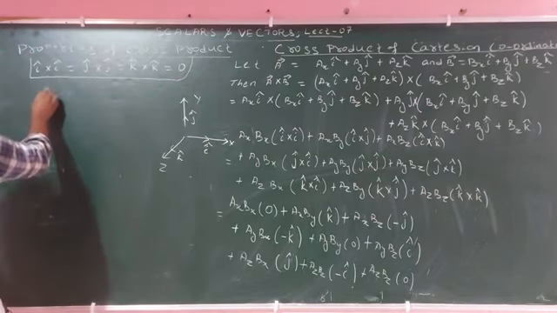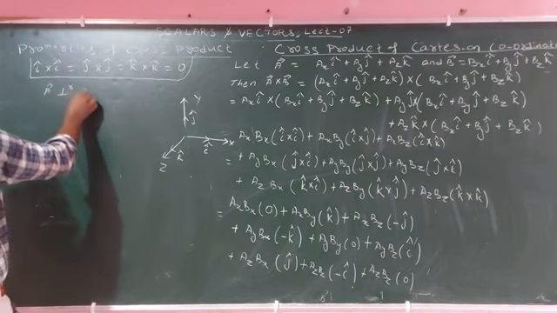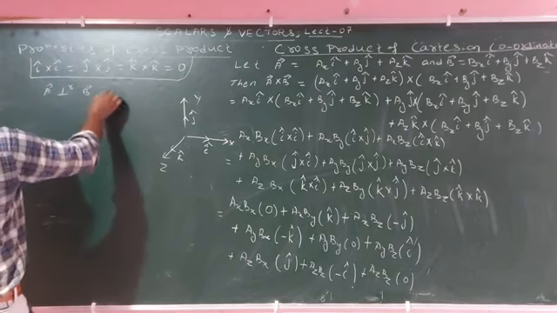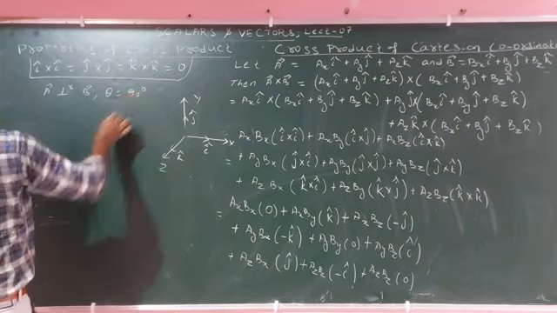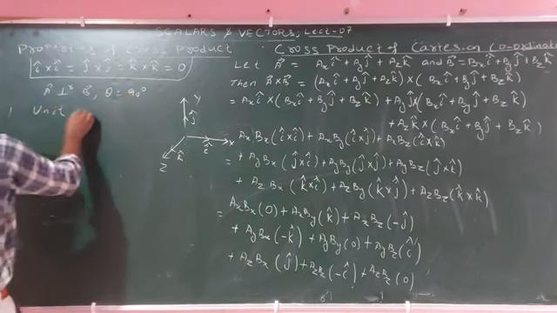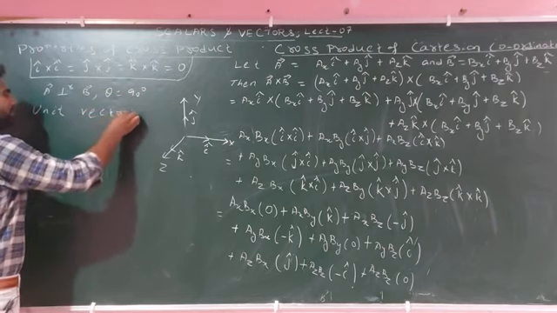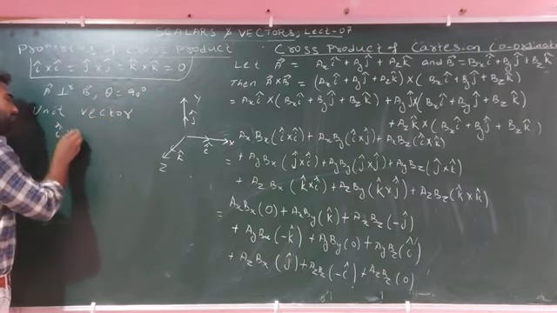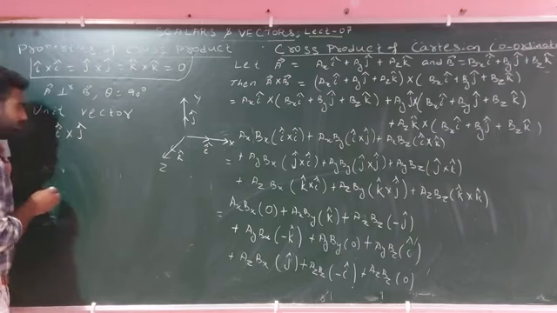But if A vector is perpendicular to B vector, that means theta is 90 degrees. For unit vectors, consider i cap cross j cap.